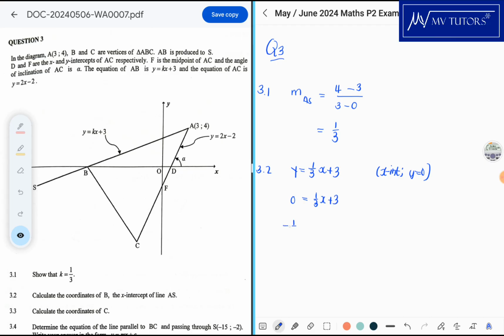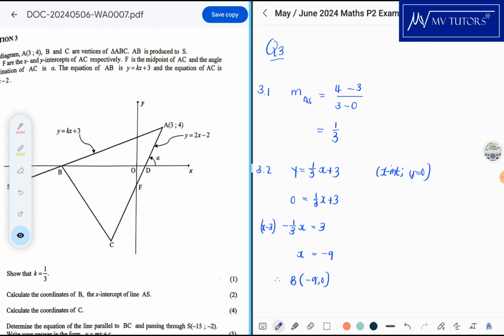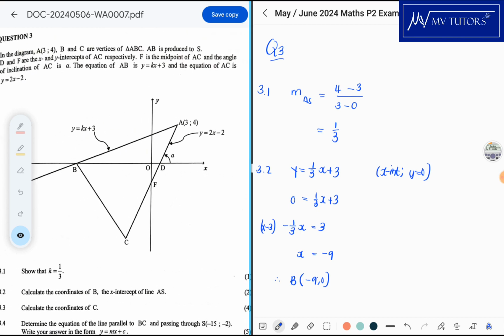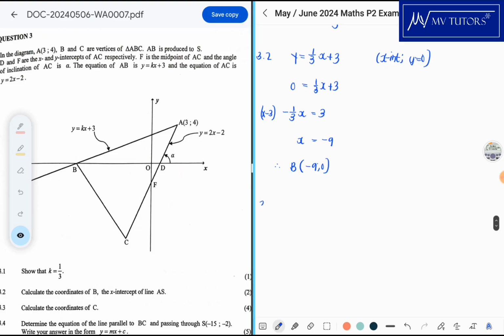I'm going to take 1/3 this side, and multiply by -3 both sides. So I'm going to be left with x on the left hand side and -9 on the right hand side. Therefore B, which is the x-intercept, will be (-9, 0). Okay, so there we have it. How many marks was that? 2 marks. And we move right along.